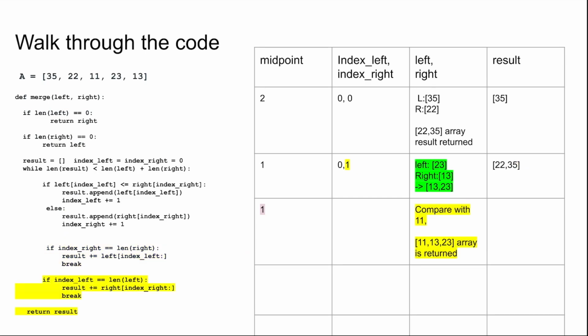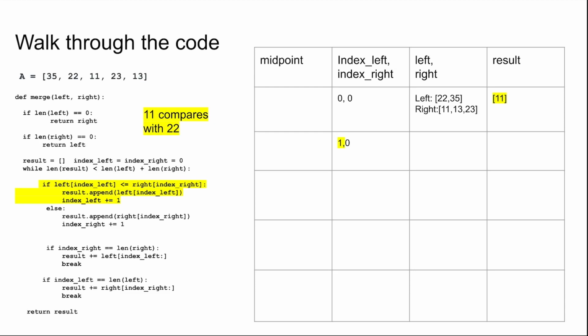And after that part is returned, 13 is going to be compared with 11, and since 11 is smaller, it's going to be placed at the very first position of that right part array. After all the sorting, 11, 13, 23 is returned.